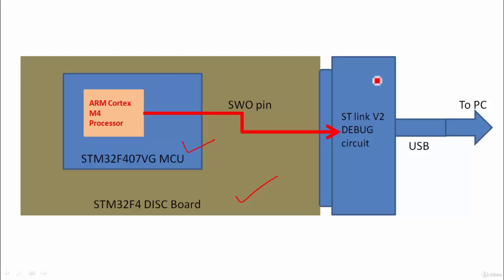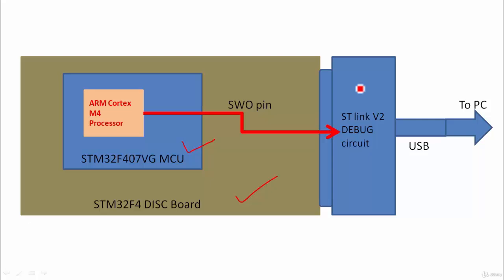Now our board also has one more circuitry at the front end of the board, which we call the ST-Link V2 or V1 debug circuitry. That is the ST-Link onboard debug circuitry. By using it, your PC communicates with the board.